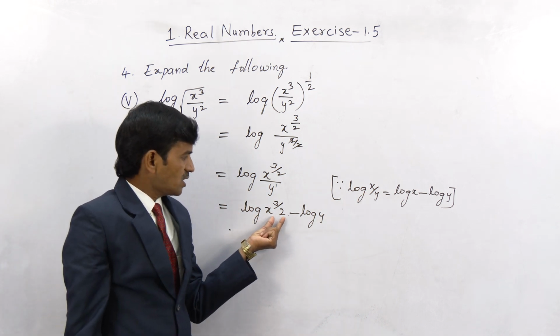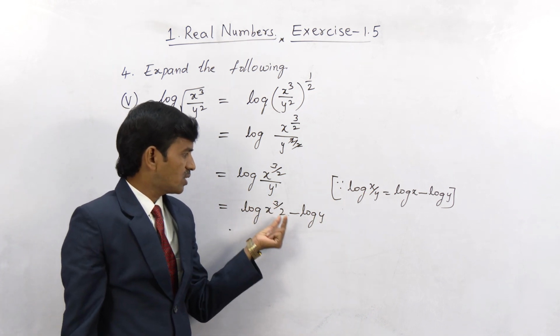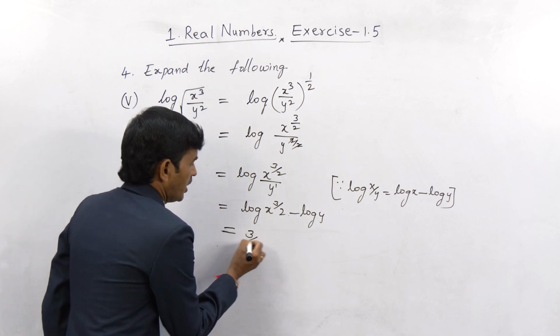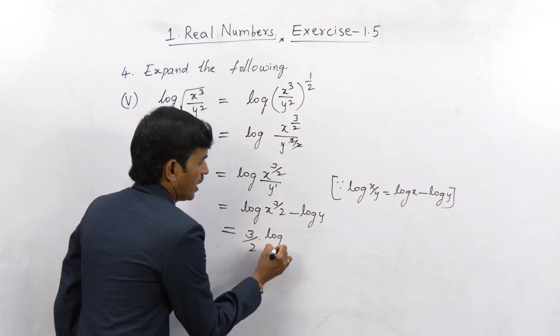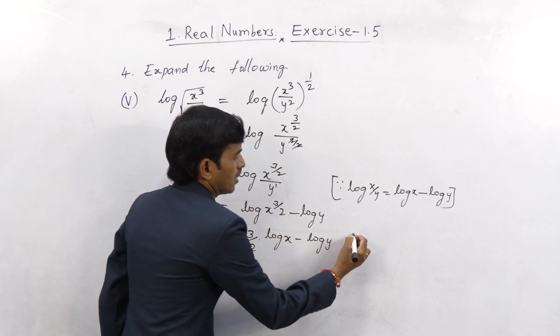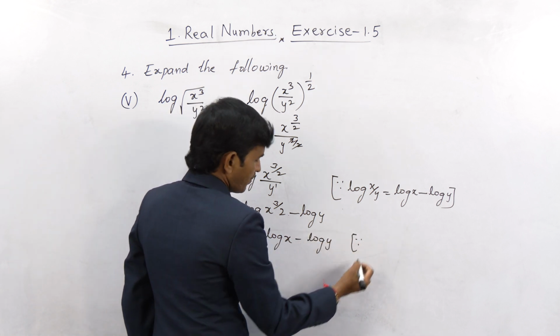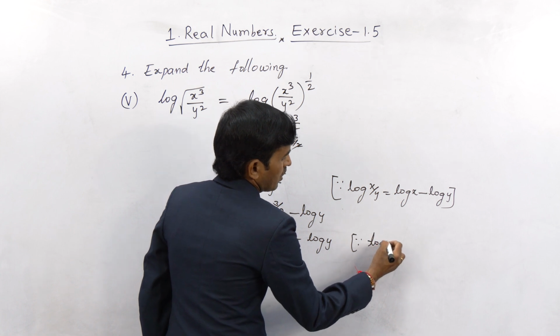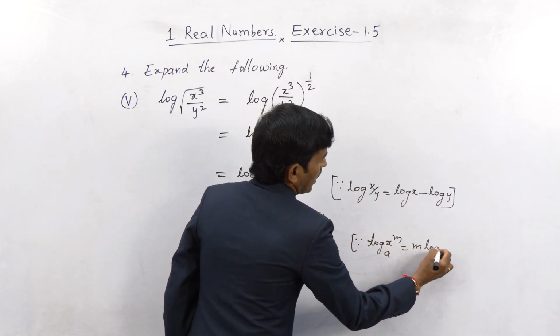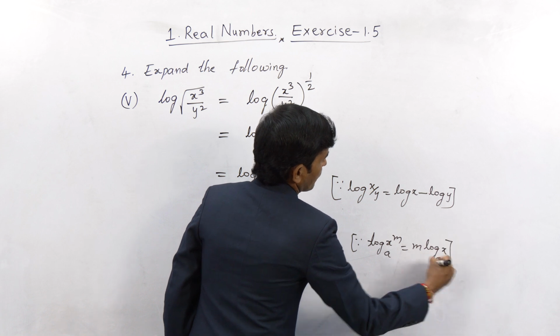So what is the power we have here? x power 3 by 2. So 3 by 2 can be written as 3 by 2 into log x minus log y. What is the rule we applied here? Log of x power m to the base a is equal to m log x to the base a.